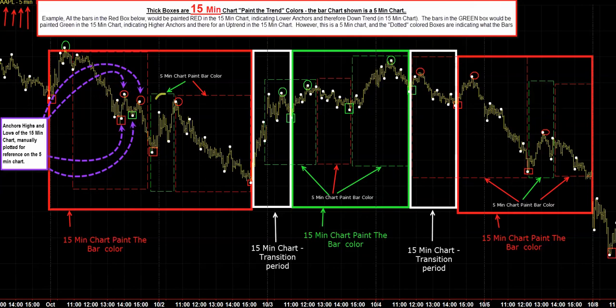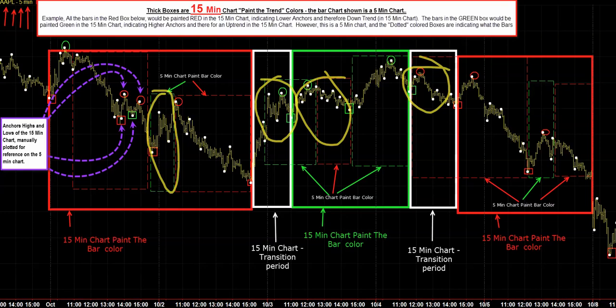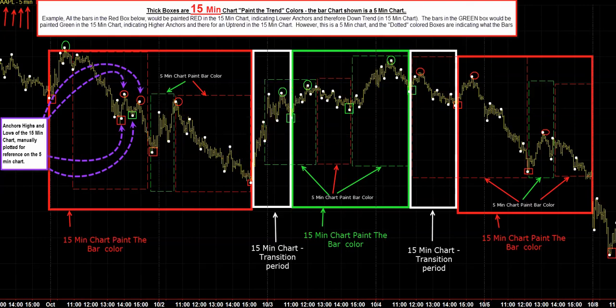However, when there's conflict, like here, and here, and here, and conflict means that there is a different color in the different time frames, 5-minute being green, up, but 15-minute being down because it's red, we can paint those bars white, telling us that there's, behind the scenes, a change in direction. I hope that makes sense.